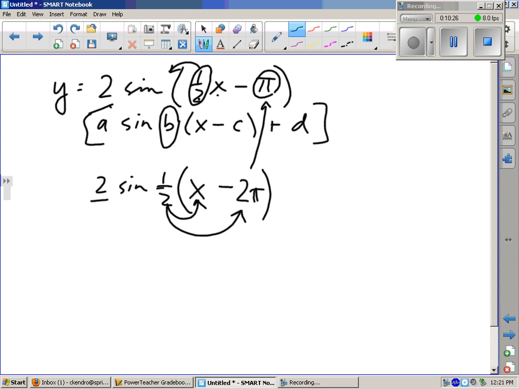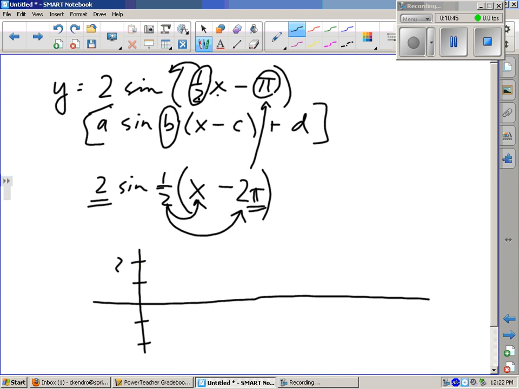I know I'm going to have to go up 2 and down 2. I know I'm going to have to go to the right 2 pi, and when the number's small, like a half, you're actually going to make a bigger graph. So I have to really watch out and have an extended graph that way. So I'm going to mark 2 and -2 because that's the amplitude.